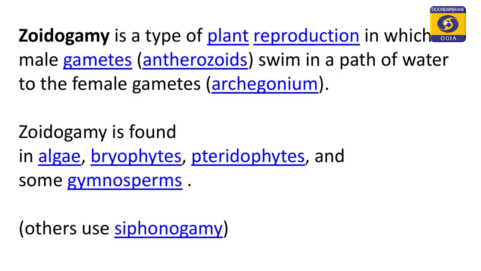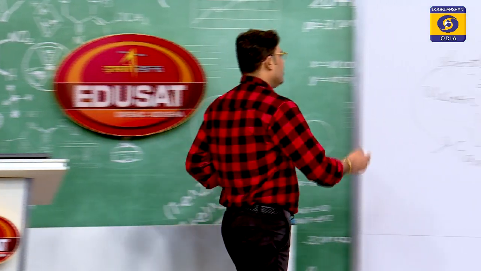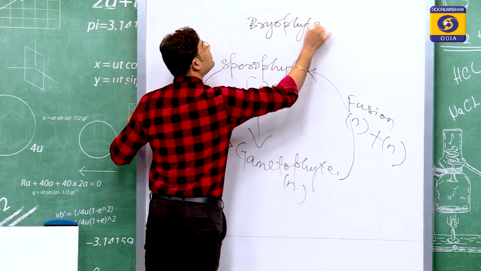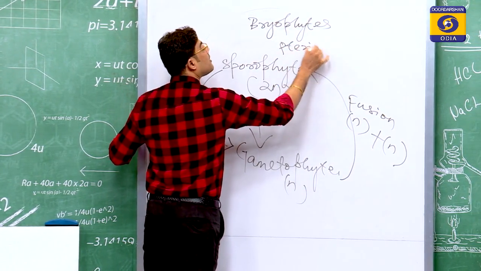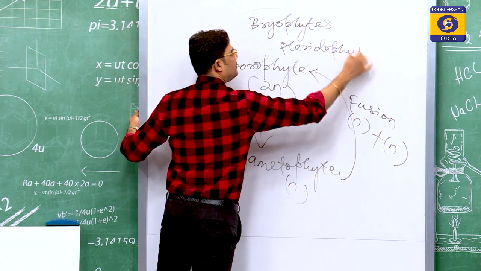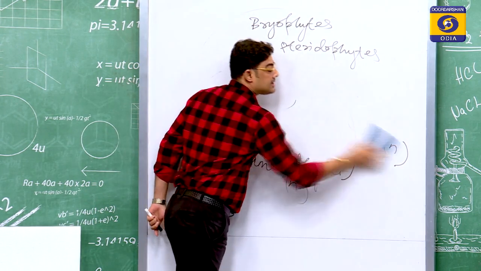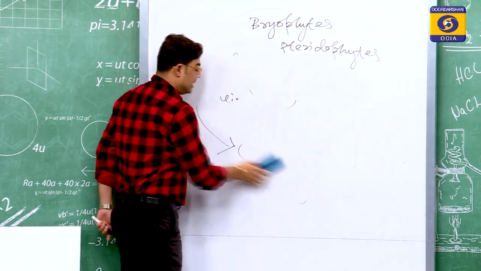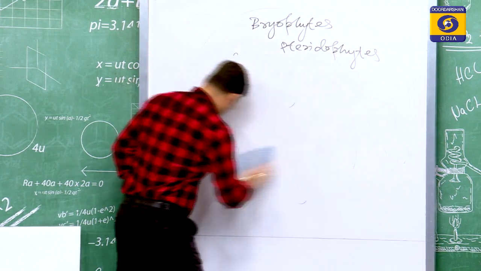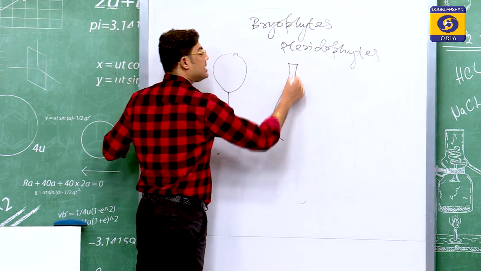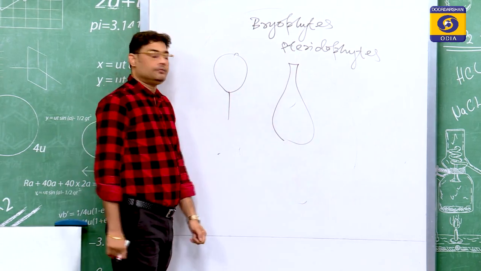Now, you see a term zoidogamy. The lower plants are the zoidogamous plants: the bryophytes, the pteridophytes, and part of the gymnosperms also. That means they have a male sex organ called antheridium and a female sex organ called archegonium.